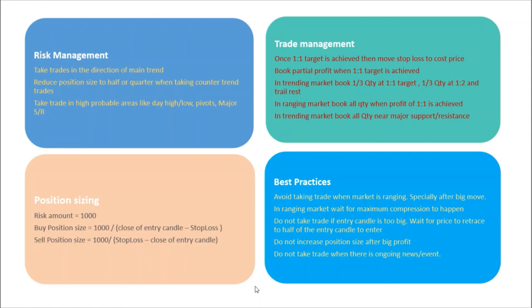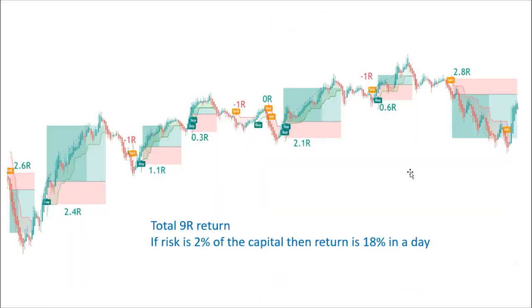Do not increase position size after making a big profit, and do not take trades when there is an ongoing news and event, because technicals do not work. So technical stop losses will have no meaning. So avoid taking trades.